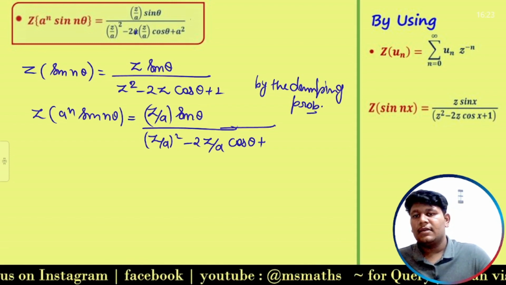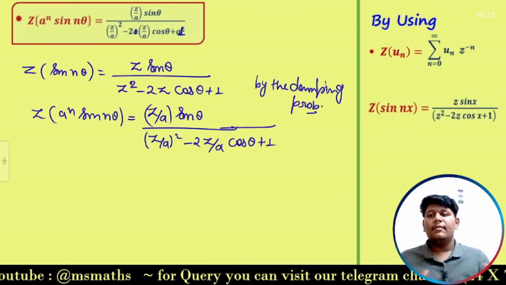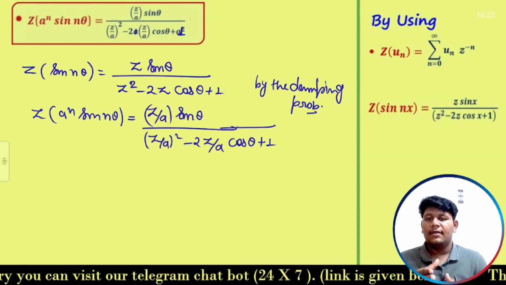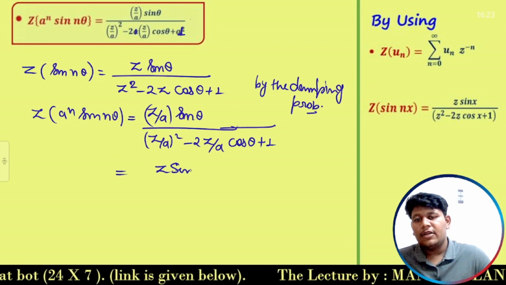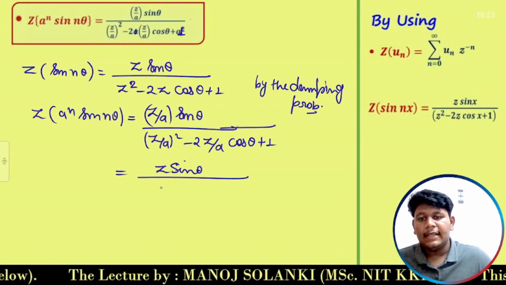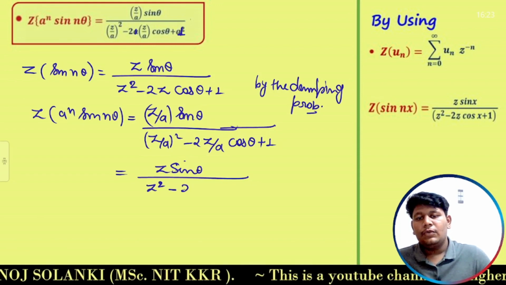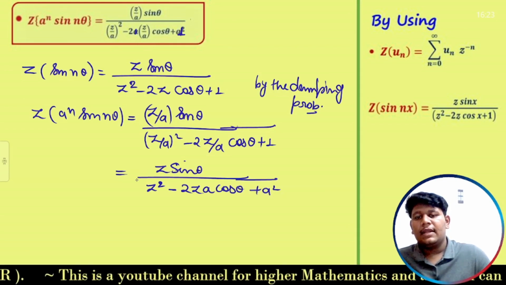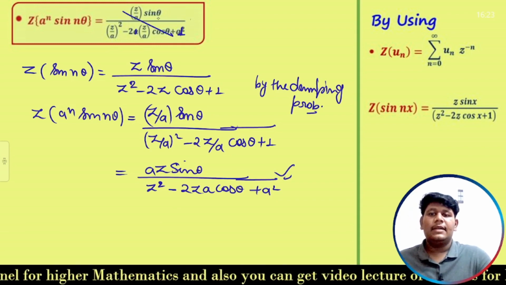There is a mistake, it's plus 1. So basically, solving this, it is nothing but z a sine of theta over z square minus 2za cos of theta plus a square. So this is the correct thing. Okay, I think there was a typo.